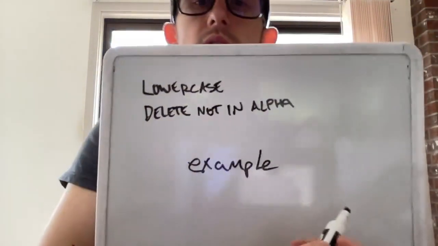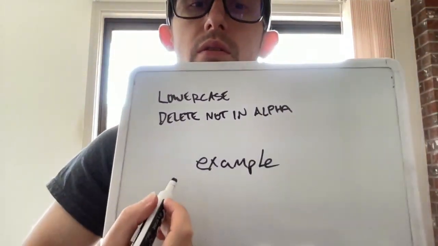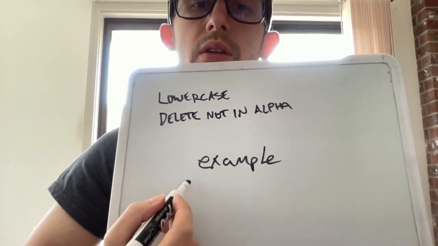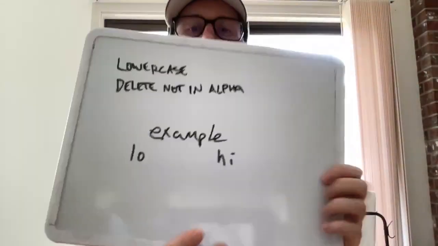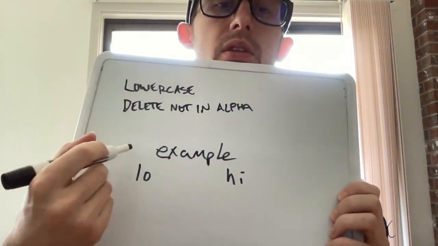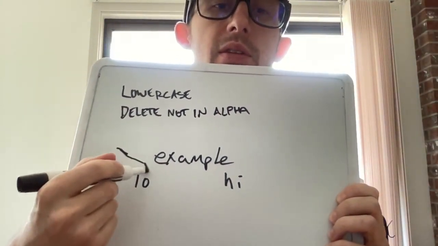All right, so I'm gonna start with, let's see, this is hard to do, but let's just do low and high as our pointer names, and then this will address, well, it's hard to write backwards.